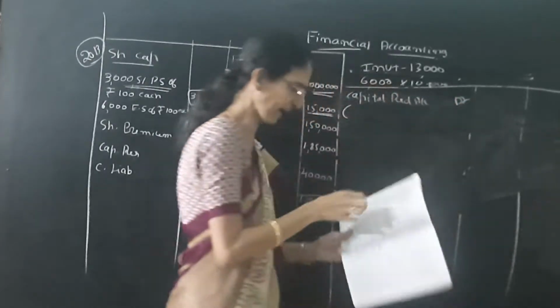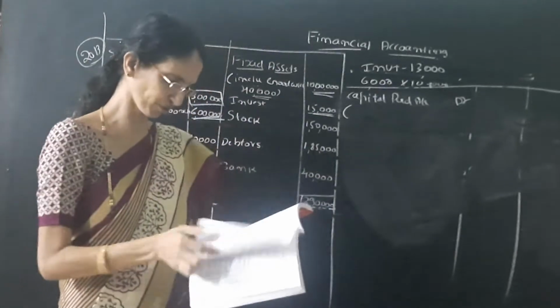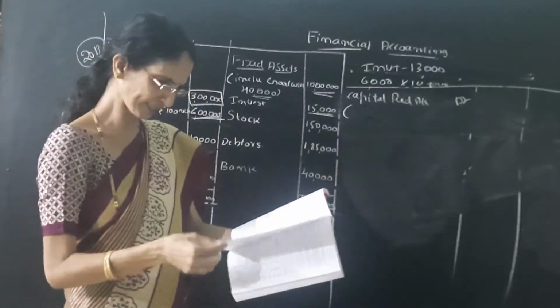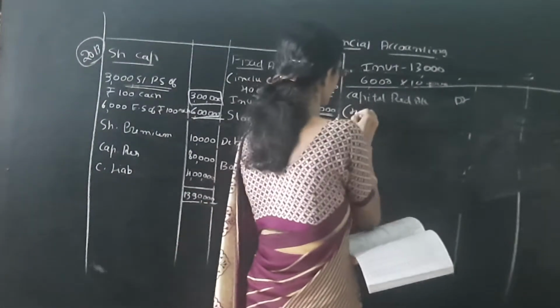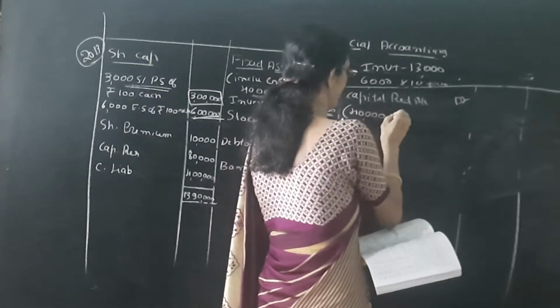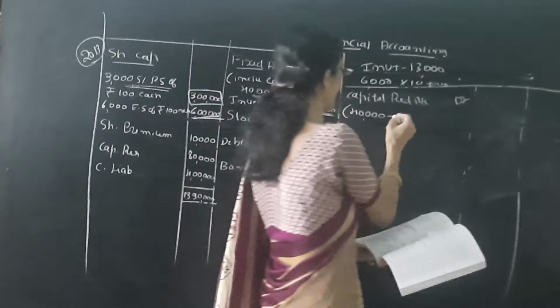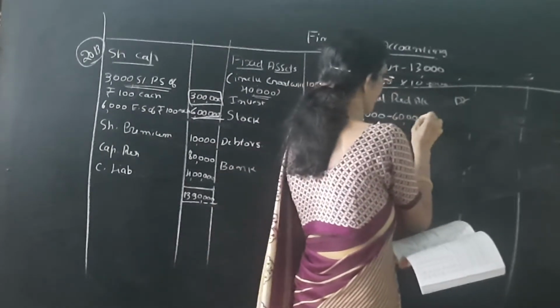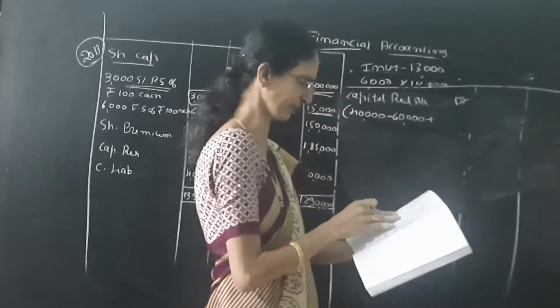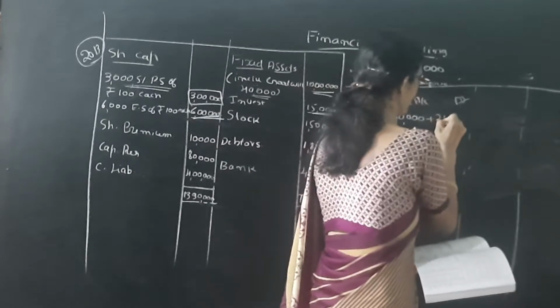So we can see the balance in the capital reduction account. In the first entry it is 40,000, credit. Next entry it is debit, dividend arrears, so we have to deduct it, 60,000. Next entry plus 2,40,000.